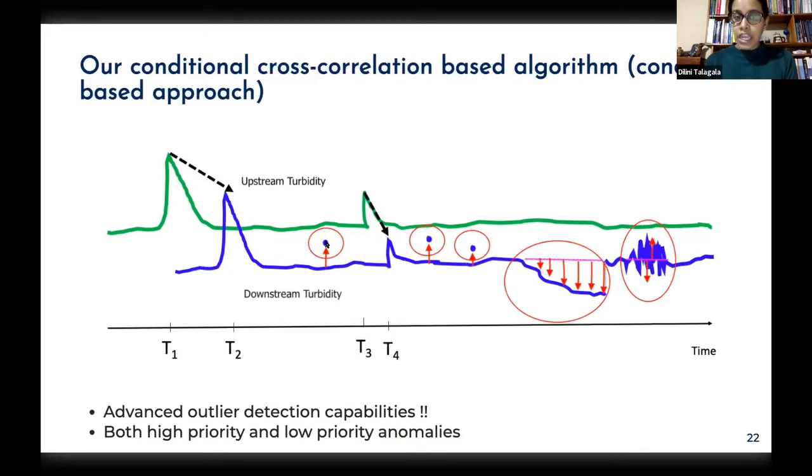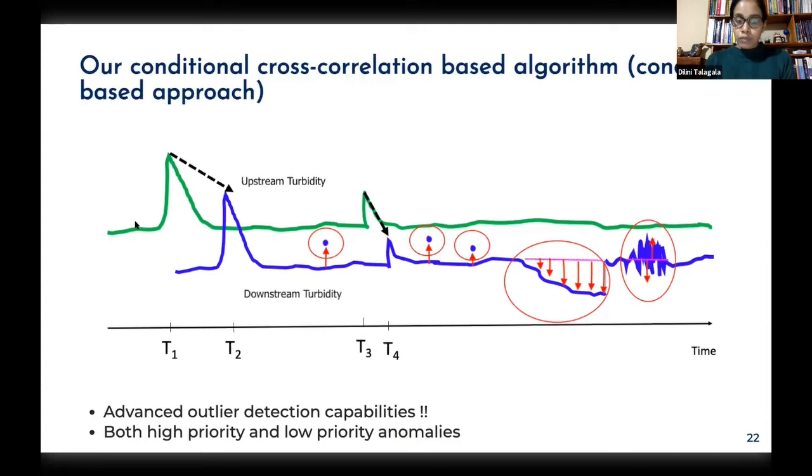So if there's a technical outlier, since I cannot see that in my upstream variable, it will not predict that behavior in my downstream. So when I look at the difference between my predicted value and the observed value, I can see a big deviation. Using that information, we can clearly identify these anomalies.